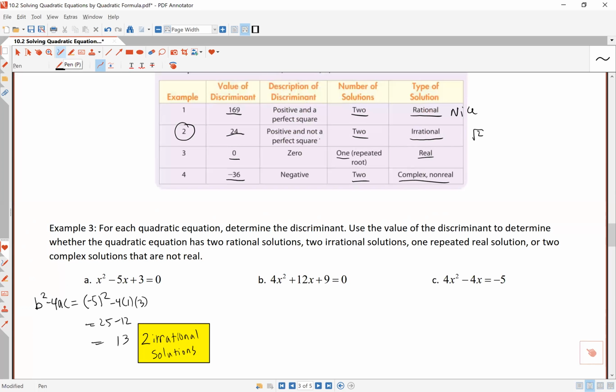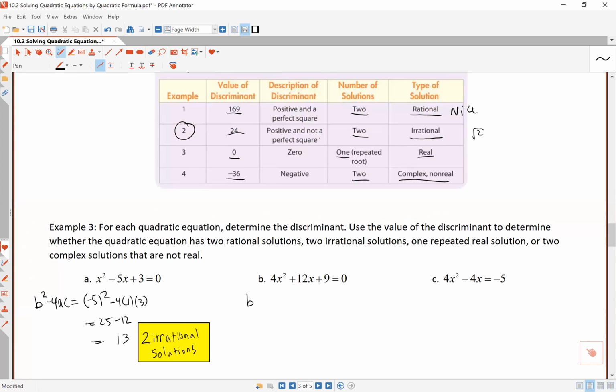Letter B: b squared minus 4ac is 12 squared minus 4 times 4 times 9. 12 squared is 144, and 16 times 9 is also 144, which gives us 0.